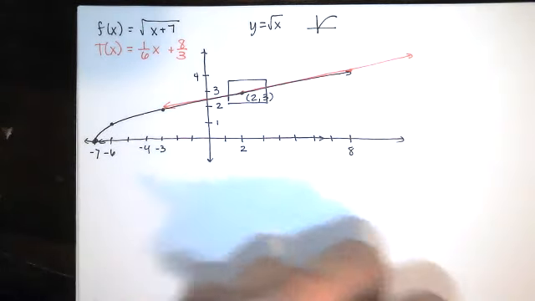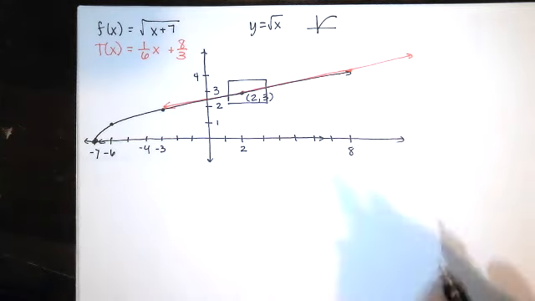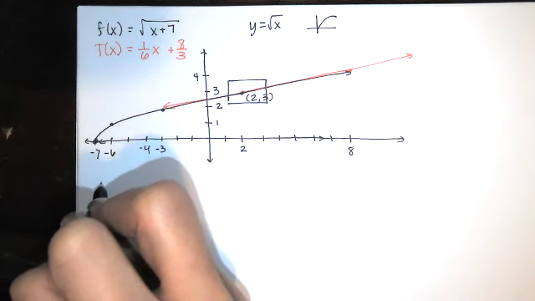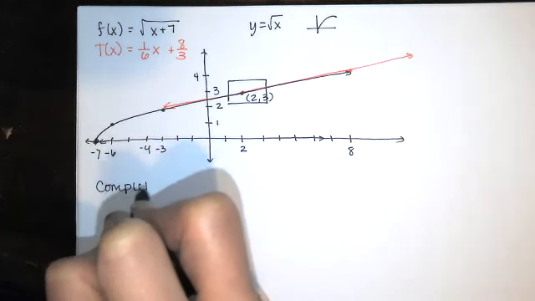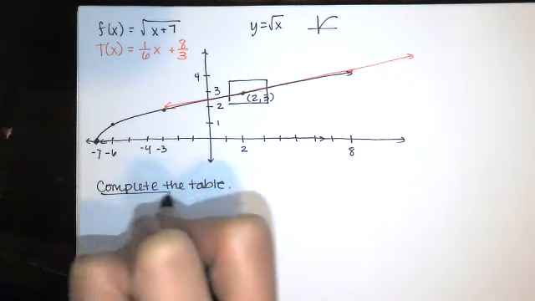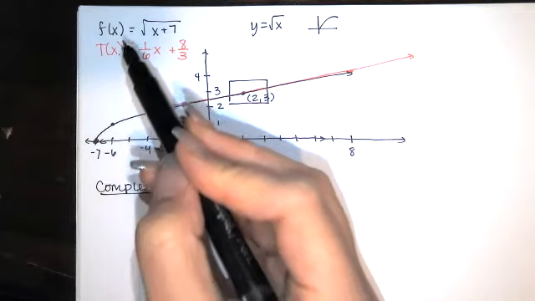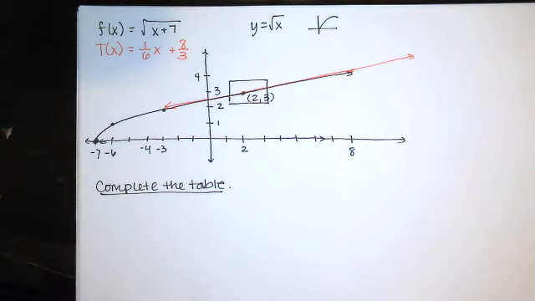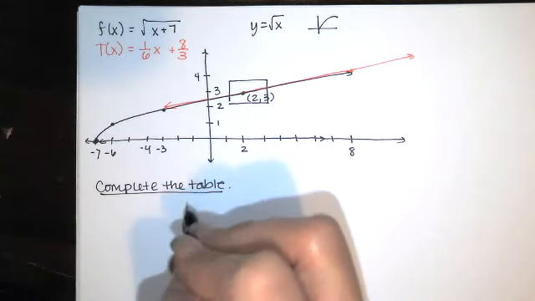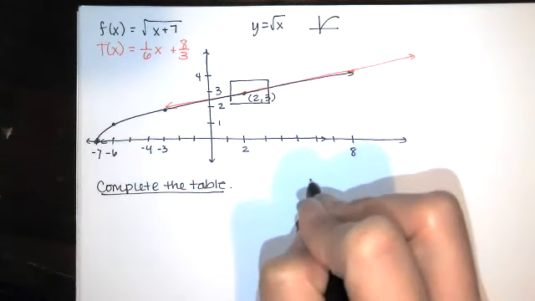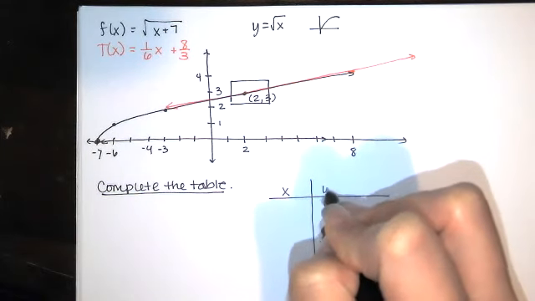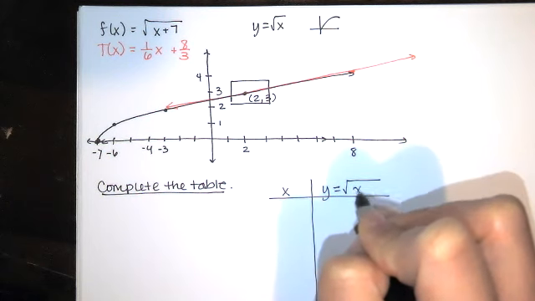in your homework on a couple of problems, you're asked to fill in a table of values. So they say complete this table. And the whole point of completing the table is for you to compare the values of y equals f of x and y equals t of x, that linear approximation to the function, if we're near x equals 2. So this is f of x.